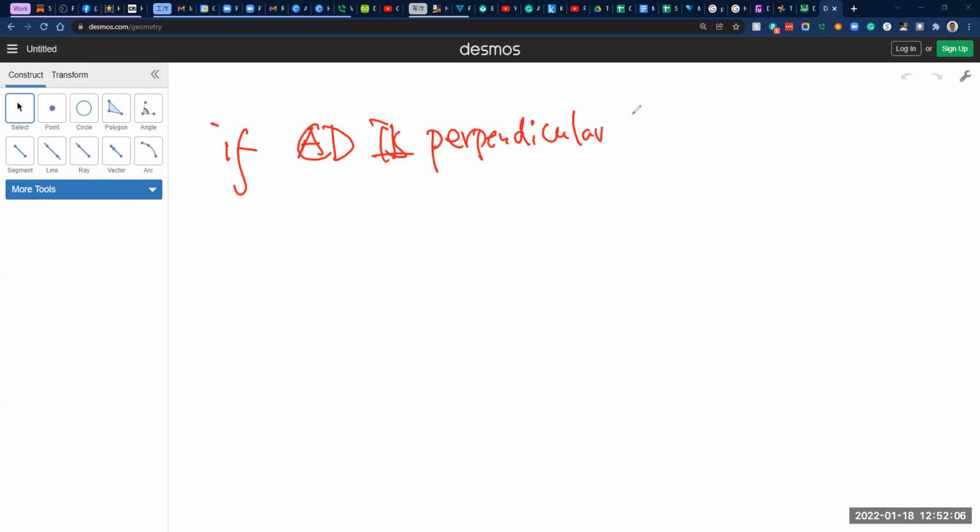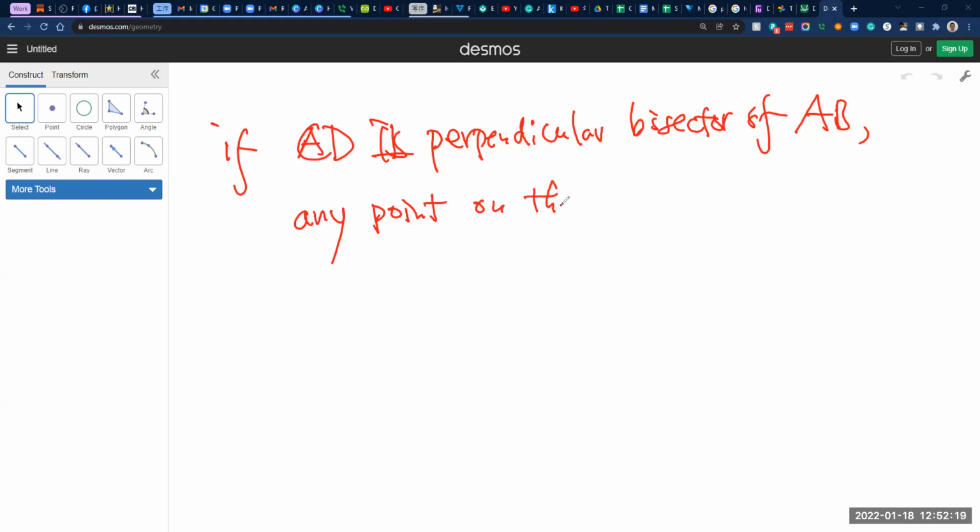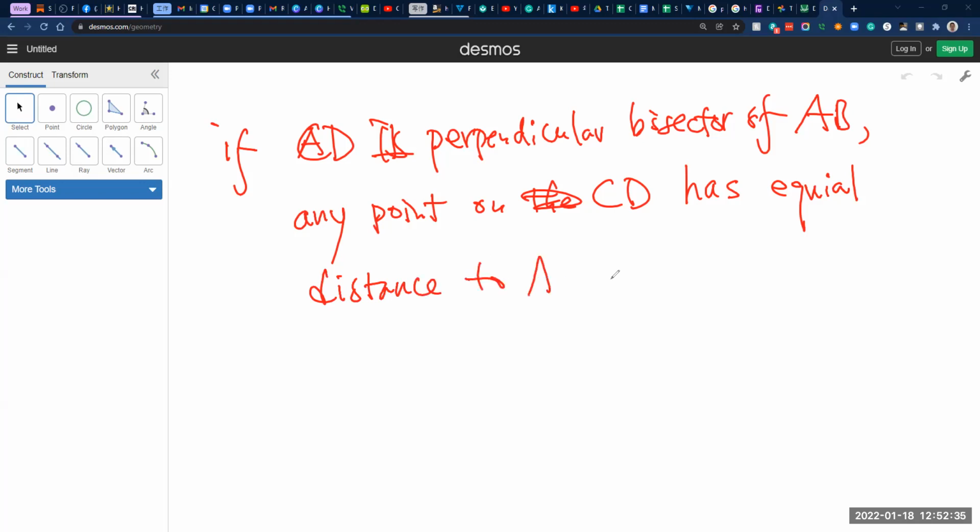Perpendicular bisector of AB. Then we say that any point on the line CD has equal distance to A and B, the two ends.